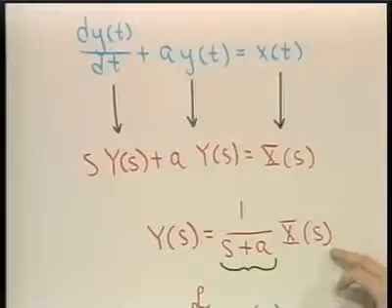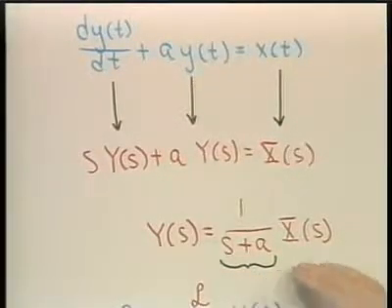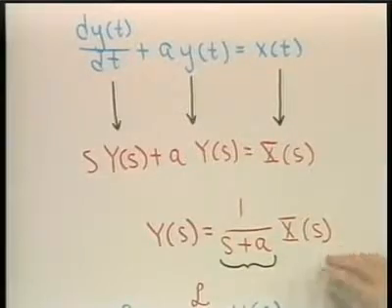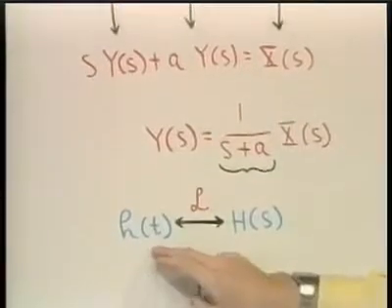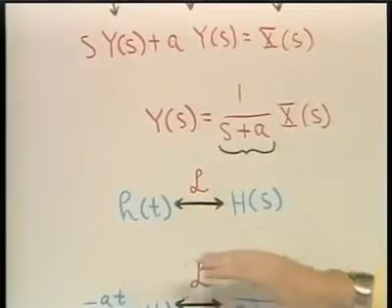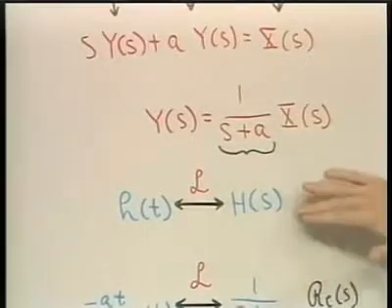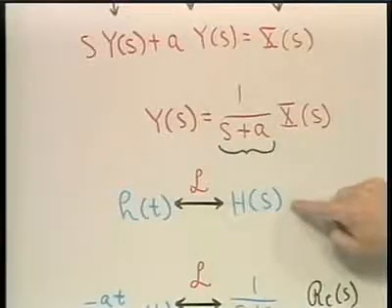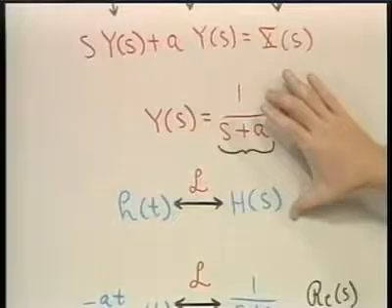We know from the convolution property that this Laplace transform is the system function times X of s. And so 1 over s plus a is the system function, or equivalently the Laplace transform of the impulse response. So we can determine the impulse response by taking the inverse Laplace transform of H of s given by 1 over s plus a.